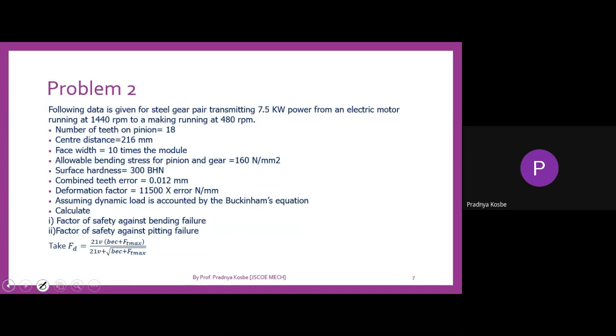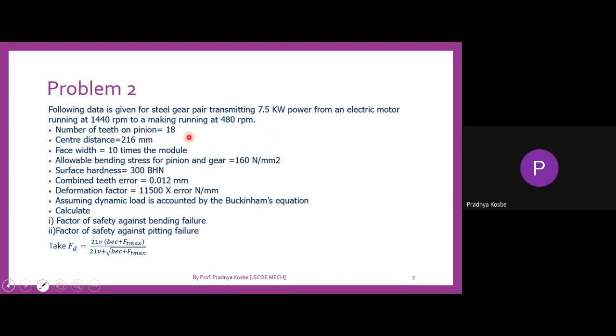I will read the statement. Following data is given for a steel gear pair transmitting 7.5 kilowatt power from an electric motor running at 1440 rpm to a machine running at 480 rpm.